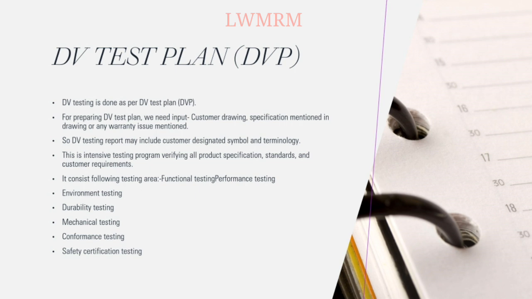So the design verification testing report may include customer-designated symbols and terminology. This is an intensive testing program verifying all product specifications, standards, and customer requirements. It consists of the following testing areas: functional testing, performance testing, environment testing, durability testing, mechanical testing, conformance testing, safety certification testing.